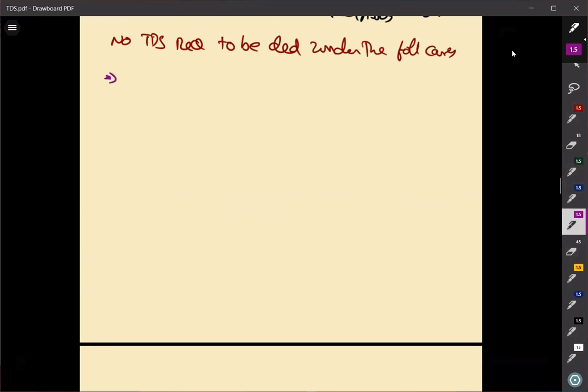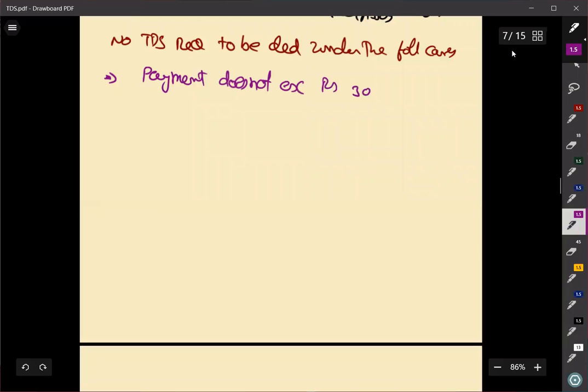Payment does not exceed rupees 30,000. If the consideration paid to the contractor does not exceed 30,000 in a single payment, if the amount does not exceed 30,000, then TDS is not required to be deducted if that is a single payment.